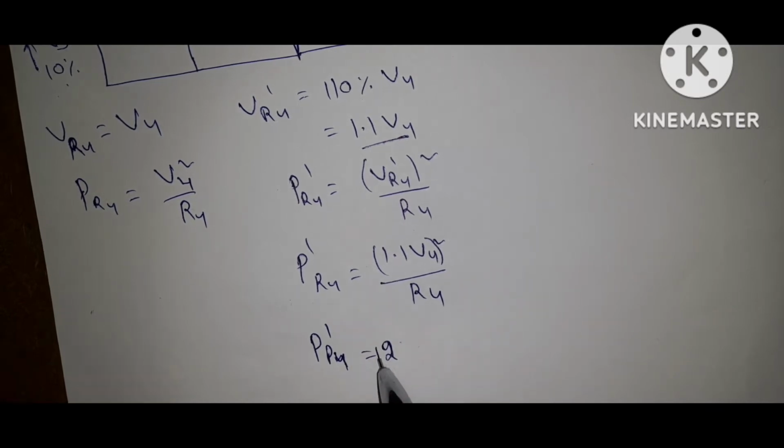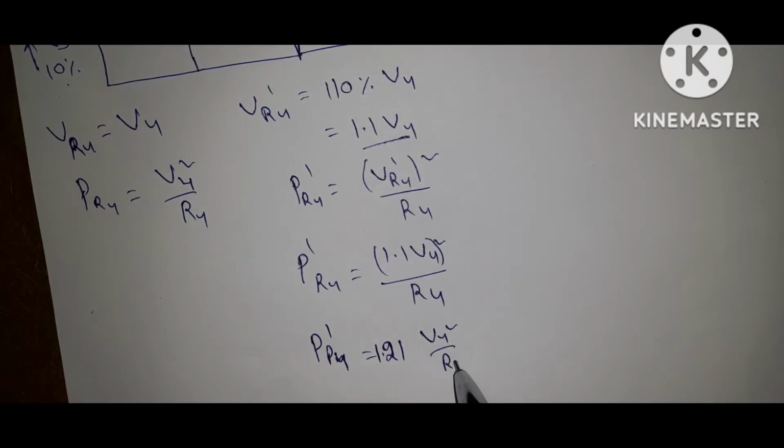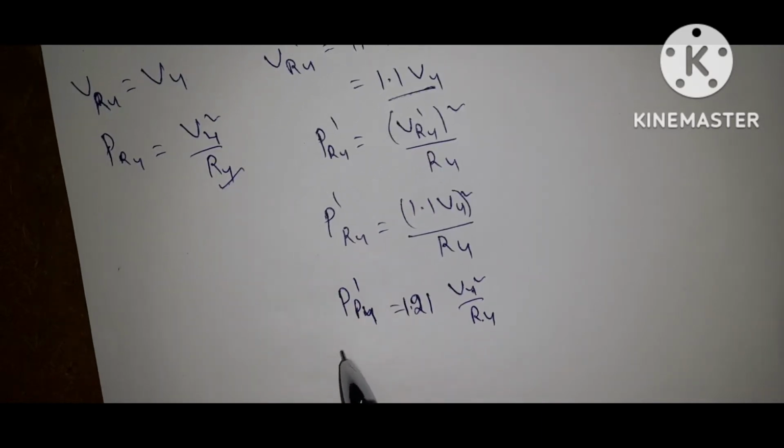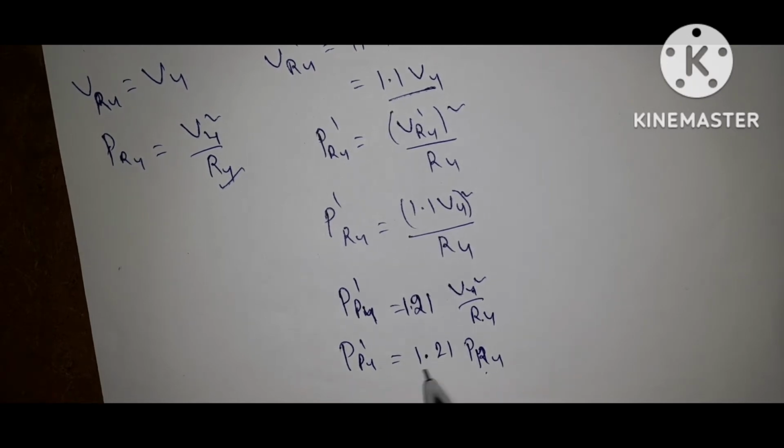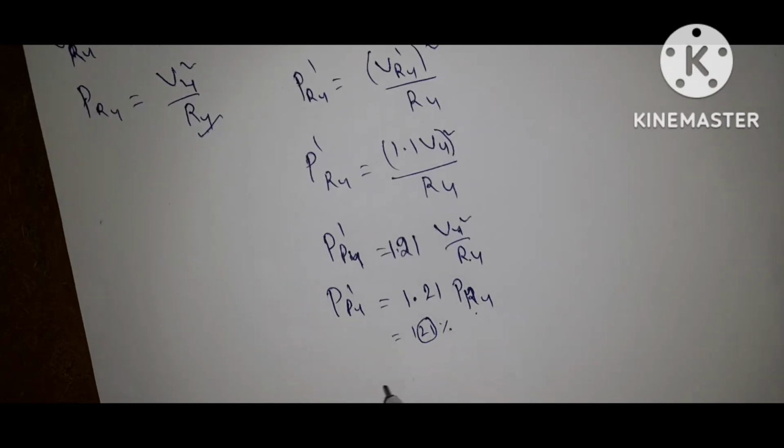So you will get 1.21 V4 square by R4. V4 square by R4 means PR4. So P4 dash is equal to 1.21 PR4, where PR4 is the value before increasing the excitation. This is 121%, so how much does it increase? 21% is increased. So the power is increased by 21%.